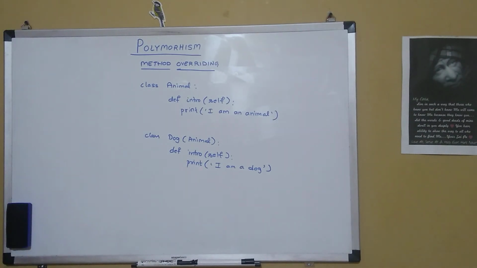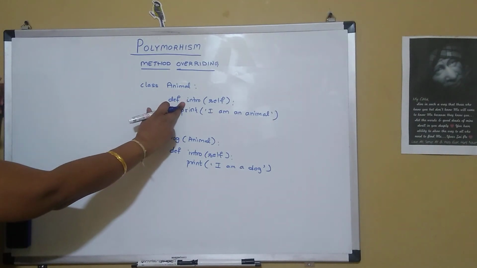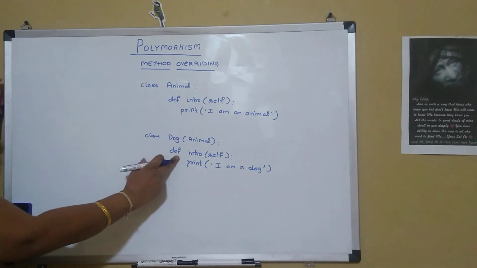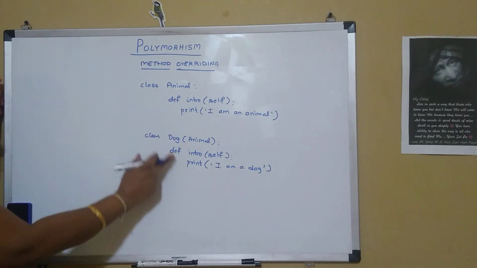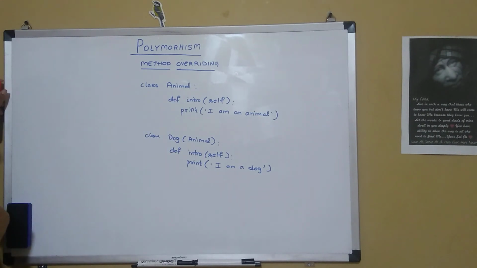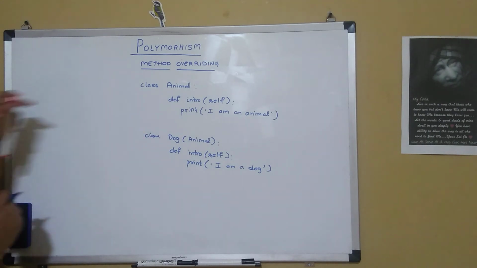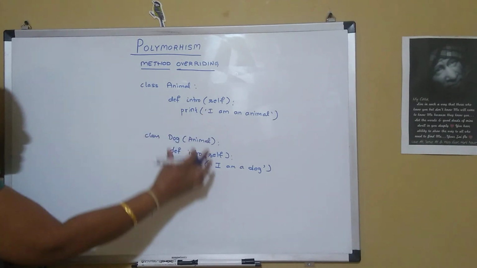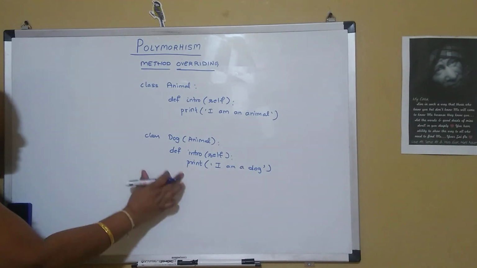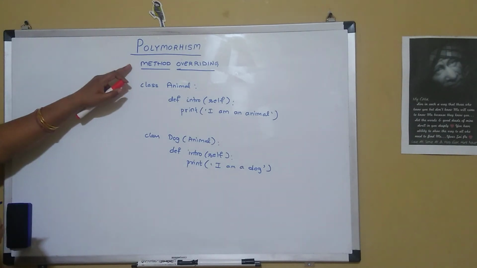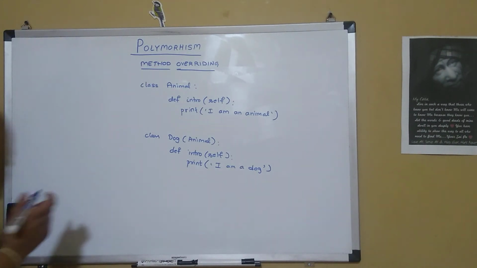So friends, here the same method which is there in the base class is given a different implementation in the derived class. So this is called method overriding. The method in the base class has been overridden in the derived class.